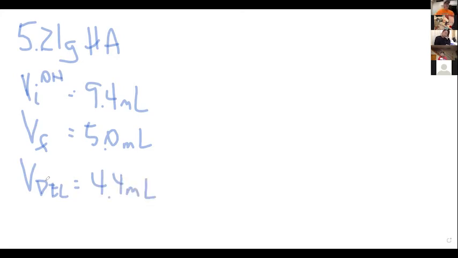So the first thing I'll do is convert my mass into a volume. So that's my mass, and I want to convert it to mils. And I know that 1 mil is equal to 1.005 grams. So that gets rid of grams, and I'm left with mils. The reason we do this is we can measure mass much more precisely than we can measure volume, so we take advantage of that.